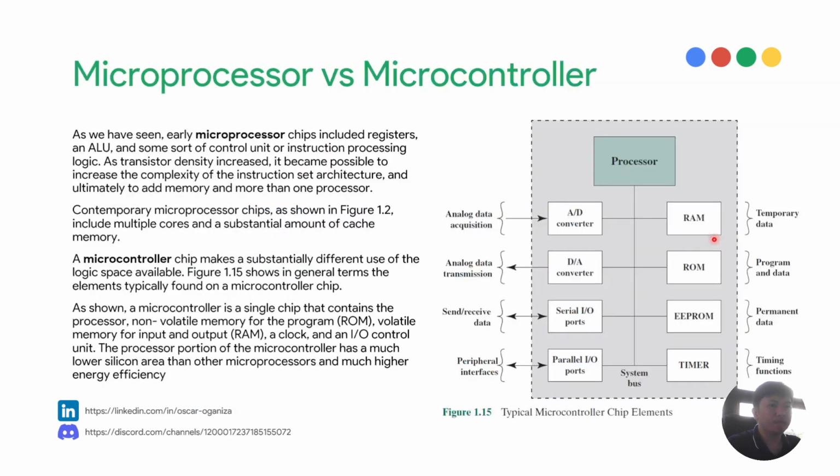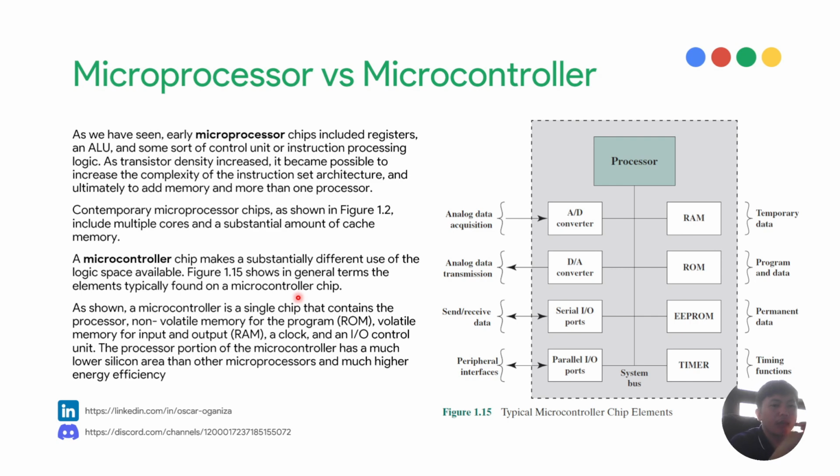Anyway, a microcontroller, on the other hand, makes a substantially different use of the logic space available. Figure 1.15 shows in general terms the elements typically found on a microcontroller chip.